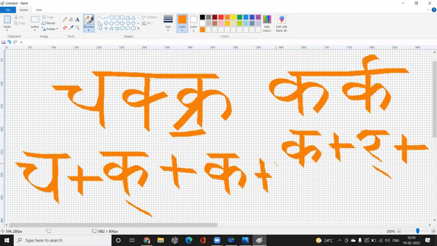And the k is incomplete, and then we have r complete. So this is the difference between this r and this r. This is the half r, what we saw in kark. And in this case, this word, the r sound is complete. The sound of k is half.